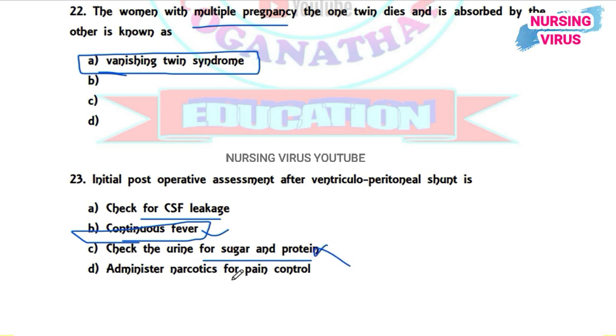Administering the narcotic for pain control, we want this also. Among these, the most priority we can give to the continuous fever, because that is the common sign of infection over the peritoneal shunt place.